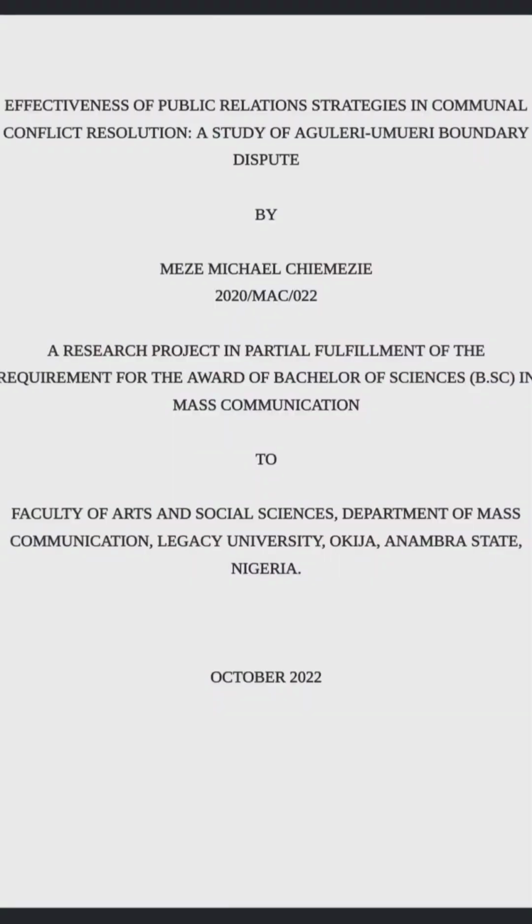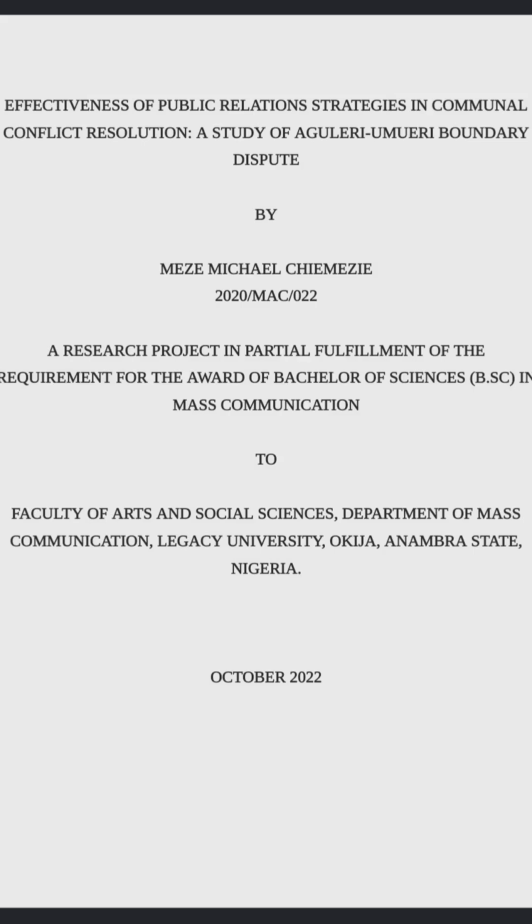The first component is the title page or the cover page. The title page or the cover page contains the project topic. It contains the author's information, that is the author's name, your school reg number.